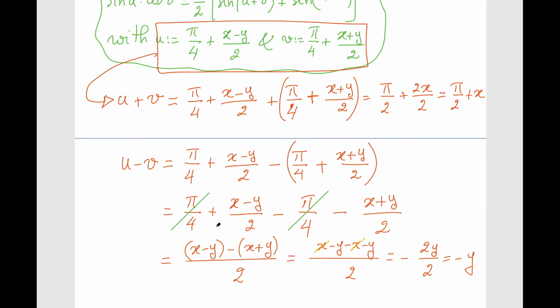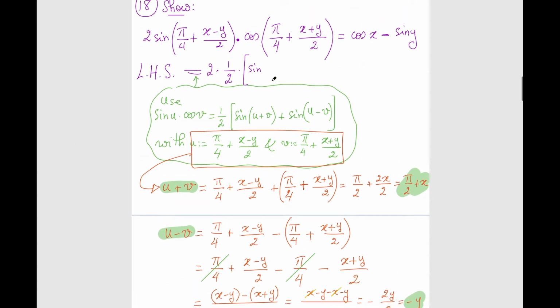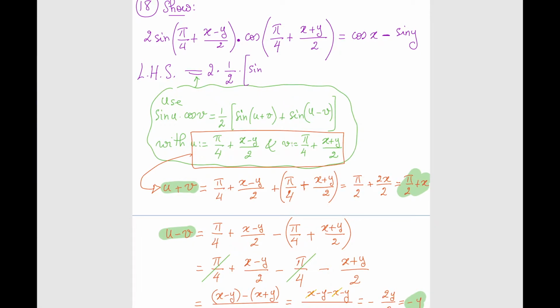So how much then is u plus v? It happens to be pi over 2 plus x. How much is u minus v? It happens to be negative y. Okay, so I'm going to put all of these here. I'm going to use those results, and I get, remember here we had 2 times all of this, right? 2 times all of this, and we used this property at the time, so we were applying it.